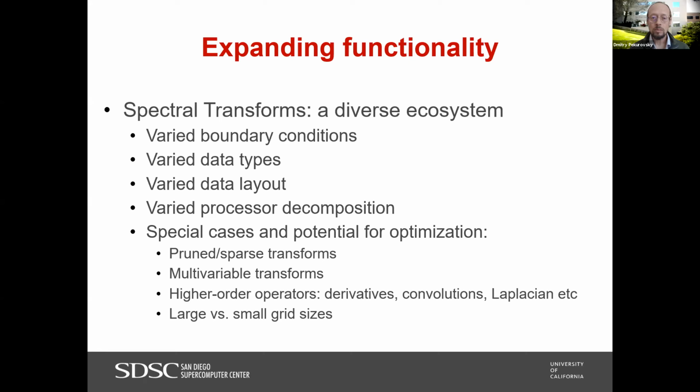Also, there are some special cases that present an opportunity for optimization, such as pruned transforms. Pruned transforms are cases where you don't need to preserve the whole output of a transform. Just a part of it will do. Then there are multivariable transforms and high order operations such as derivatives, convolutions, Laplacians, and so on.